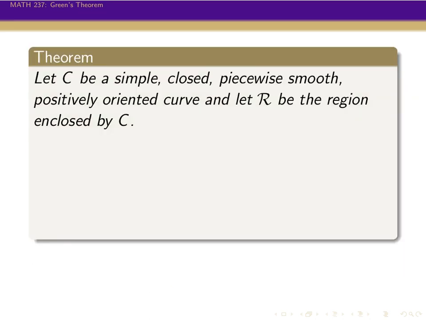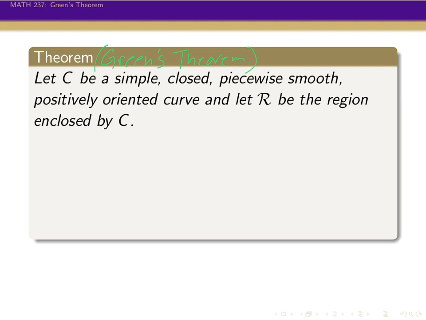Okay, so theorem. This is Green's theorem. So let's write that in. That's important. So for Green's theorem, we're going to be dealing with a line integral on a simple closed piecewise smooth positively oriented curve, like we just saw.